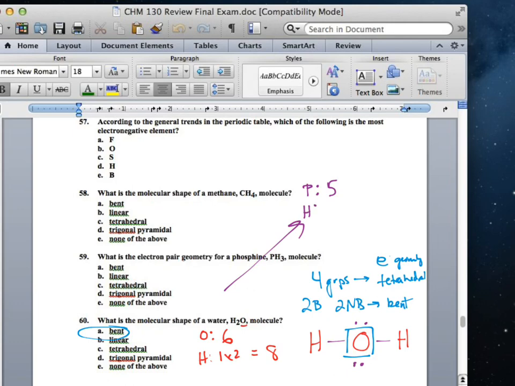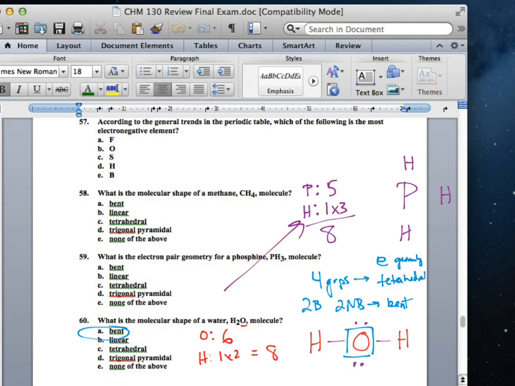Hydrogen comes in with 1, but there's 3 of them. Our total is 8. Right? Sorry, someone said what? Made me nervous. I did the math wrong. What's our center atom? Phosphorus.